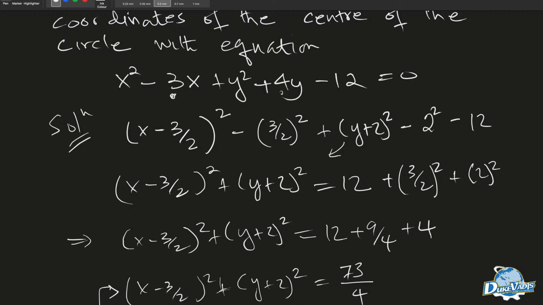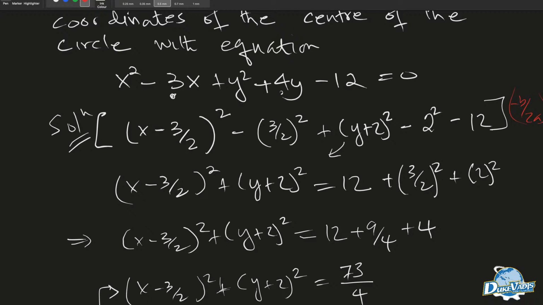All we have done is add negative b over 2a squared to both sides of the equation.